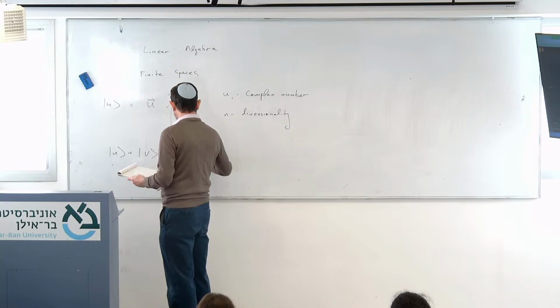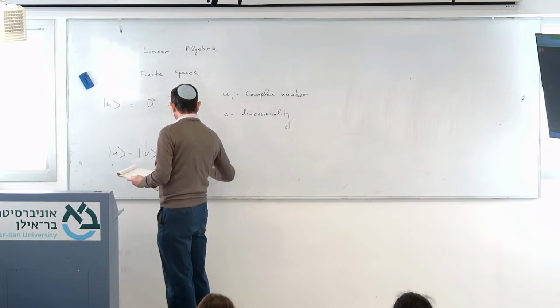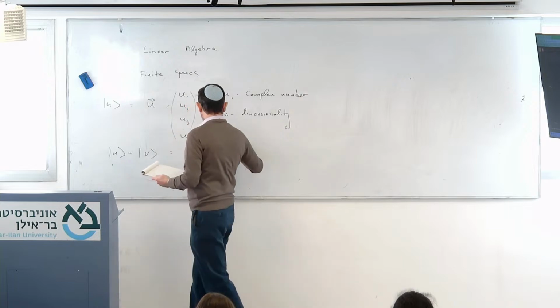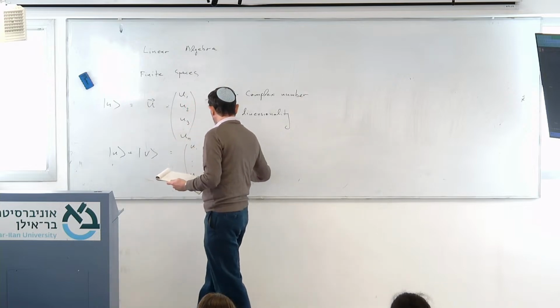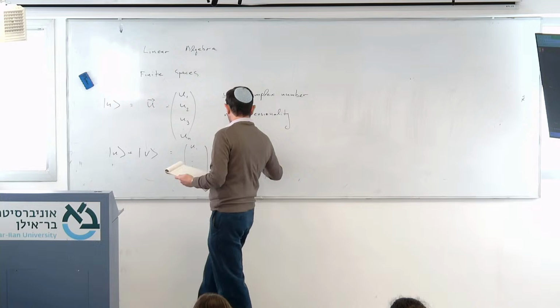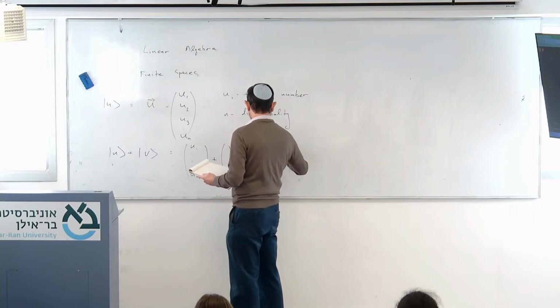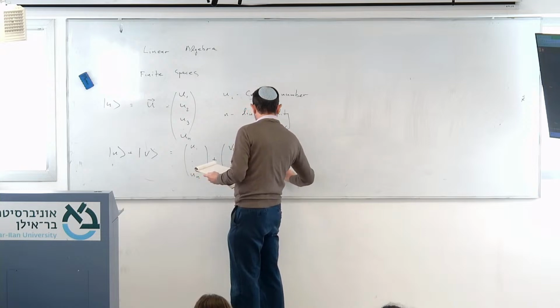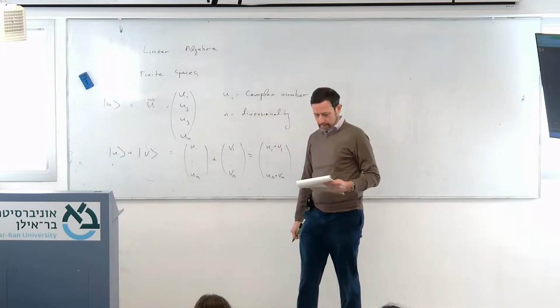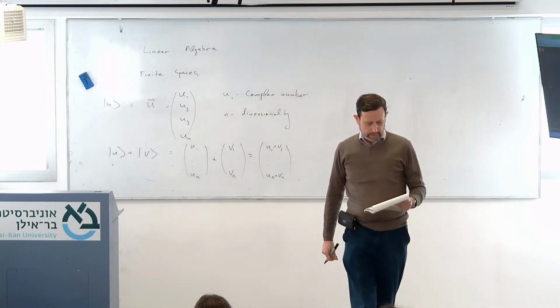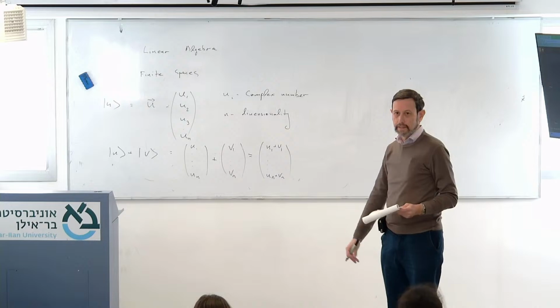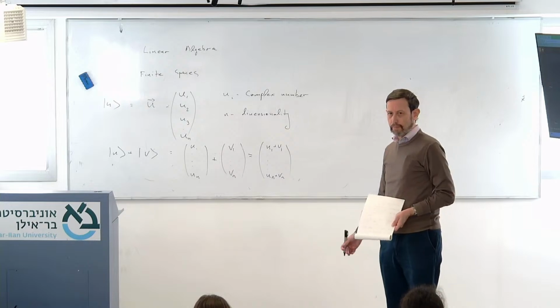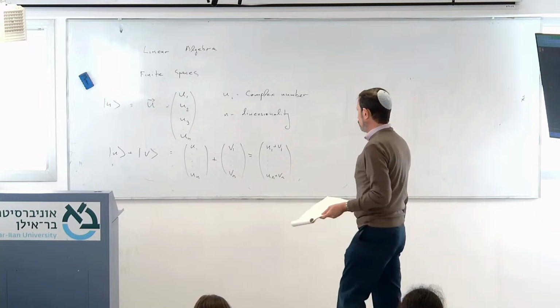I'll write specifically u1 till un plus v1, and so on. That is the property of addition.